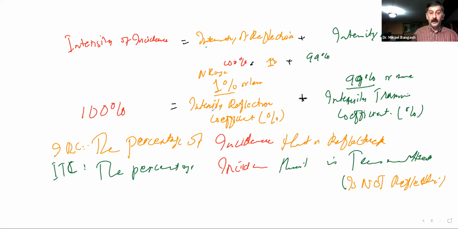If they give you the transmission coefficient and ask you to calculate the reflection coefficient, you may just subtract that percentage of your transmission coefficient from 100%, and that will give you how much of the incidence's intensity was reflected back in a percentage value. Did you guys get that?